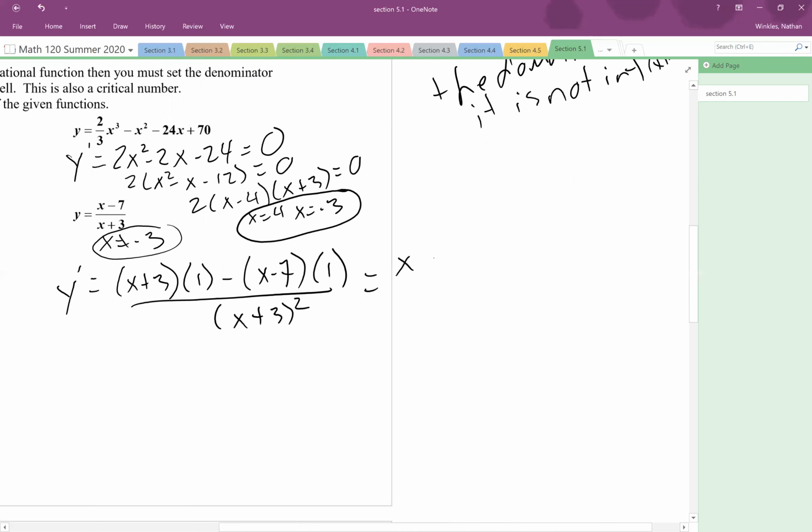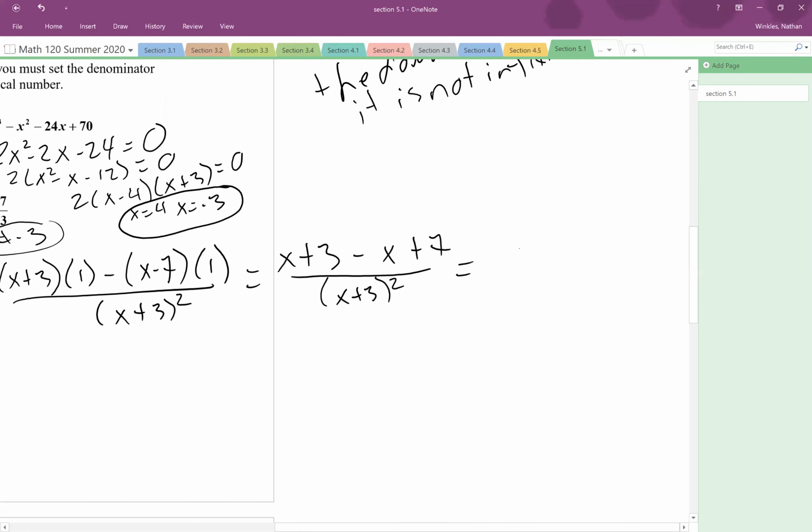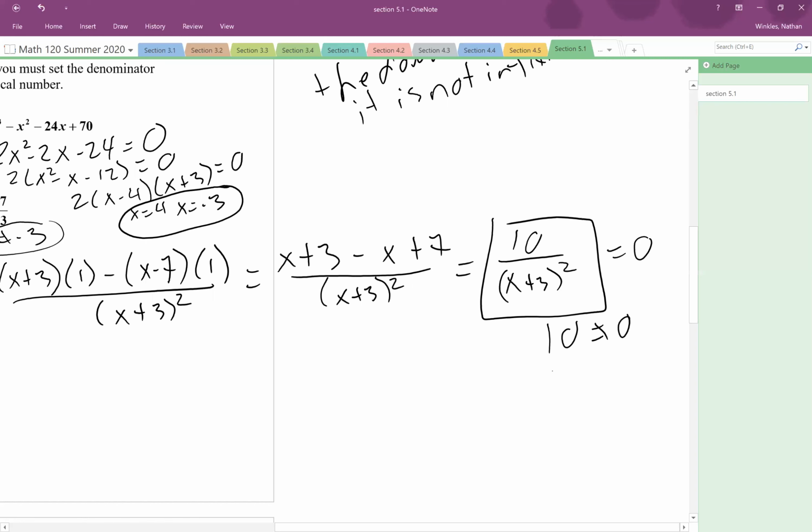So this is x plus 3 minus x plus 7 over x plus 3 all squared, or 10 over x plus 3 all squared. So that's our derivative. Now, if we set this equal to 0, we get 10 equals 0. Not possible.